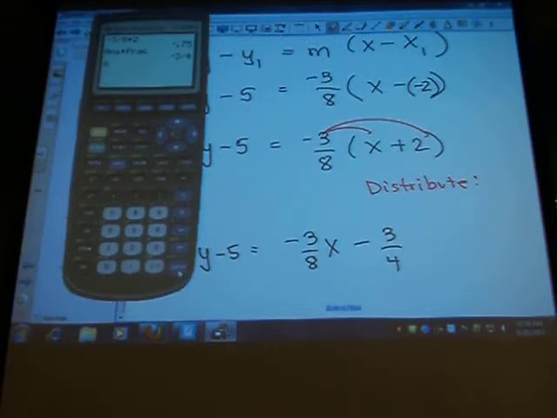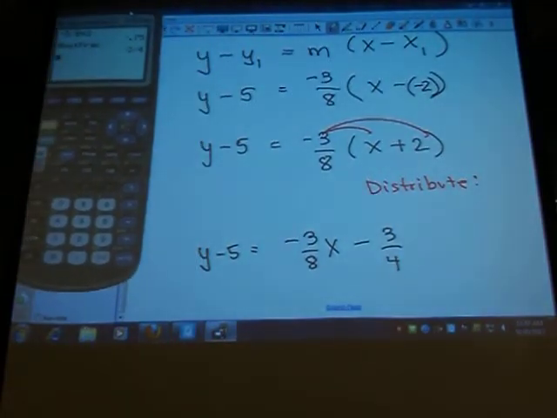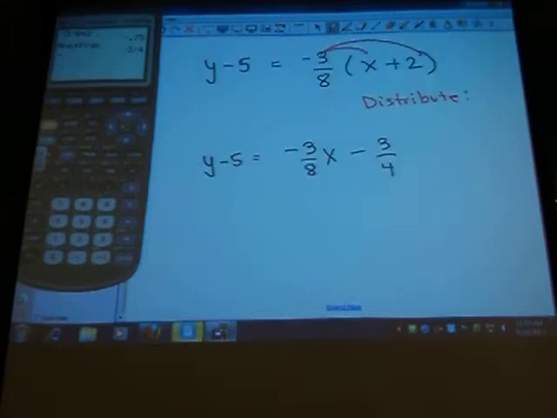Remember, our goal is to get y equals by itself. So what do I need to do to get y on the left side? I need to add 5. You can't add 5 to negative 3 over 8x.